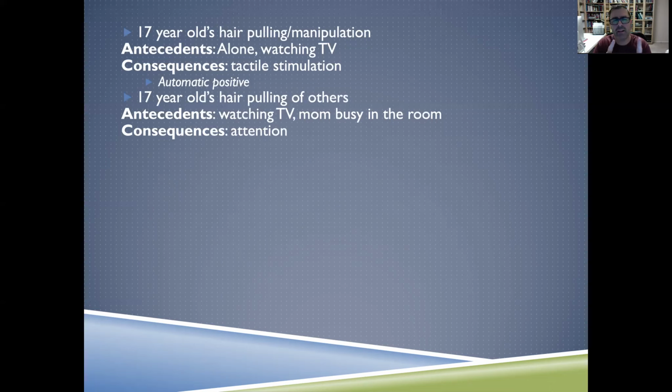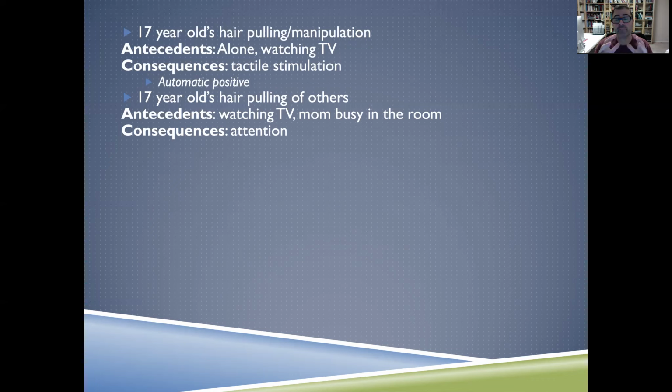Now, here is one in which you could implement extinction. Someone pulls other people's hair, and that produces attention. What kind of attention? We talked about that last class. Probably someone saying, stop doing that, or saying something, right? Yelling at the 17-year-old teenager here.